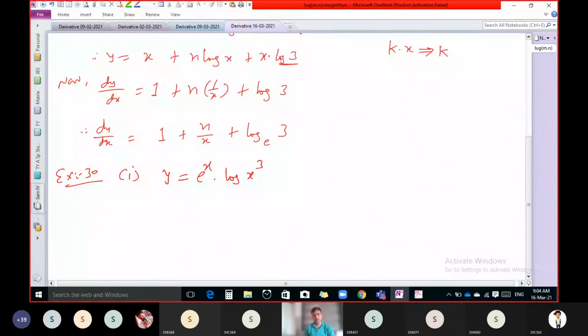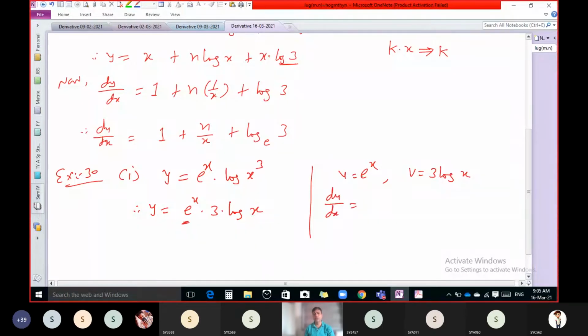So first step, e raised to x keep as it is, but for log x cube, see the power is 3, so you can write 3 times log x according to the rule. And now you can find dy by dx by taking u equal to e raised to x and v equal to 3 log x.